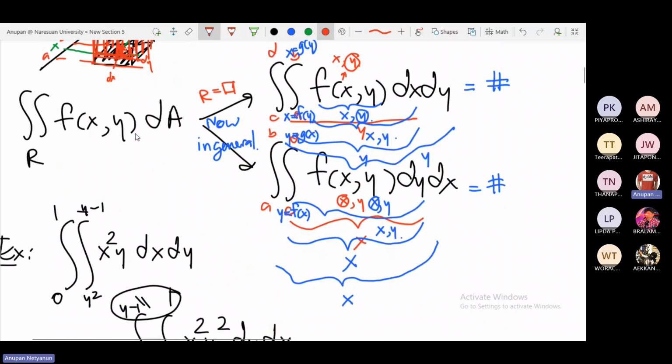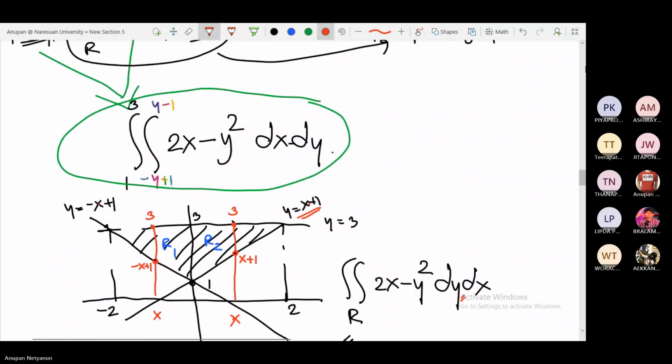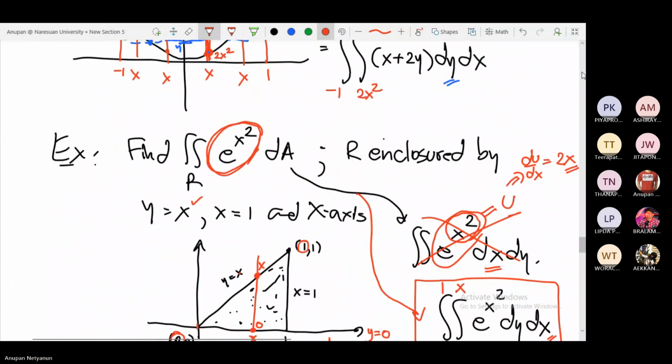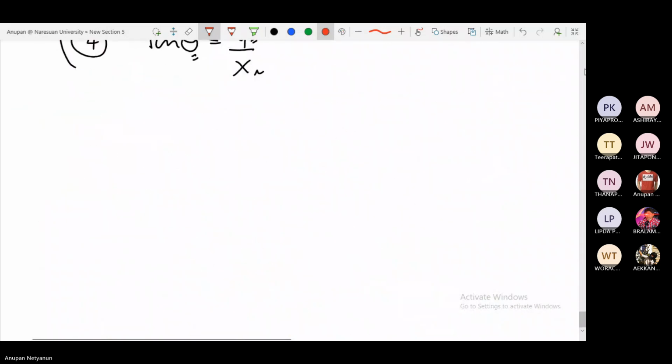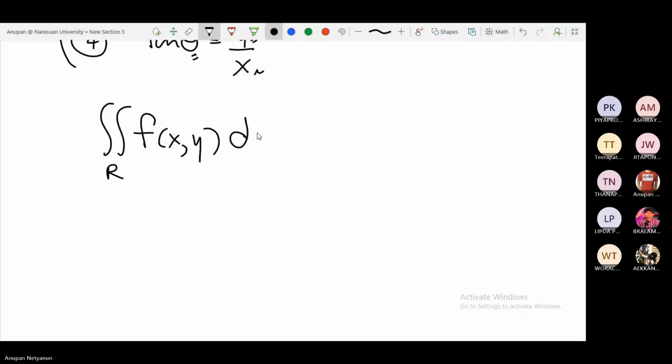But now I want to change it into the polar system.